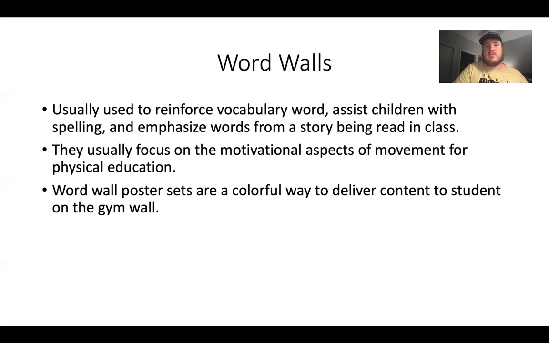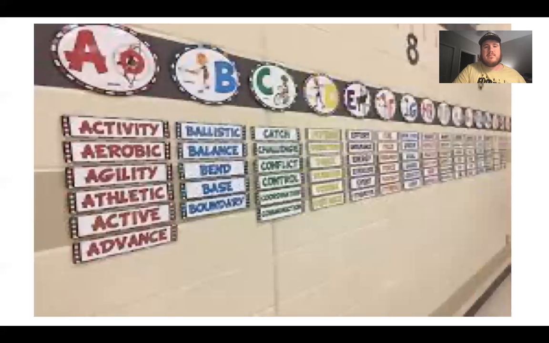That can also make the place look a little more happy rather than just a blank plain colored wall. So here's an example of a word wall. You've got your ABCs here with different words for physical activities like active, activity, aerobic, and under B, we've got bend, balance, catch, just different words along the word wall.